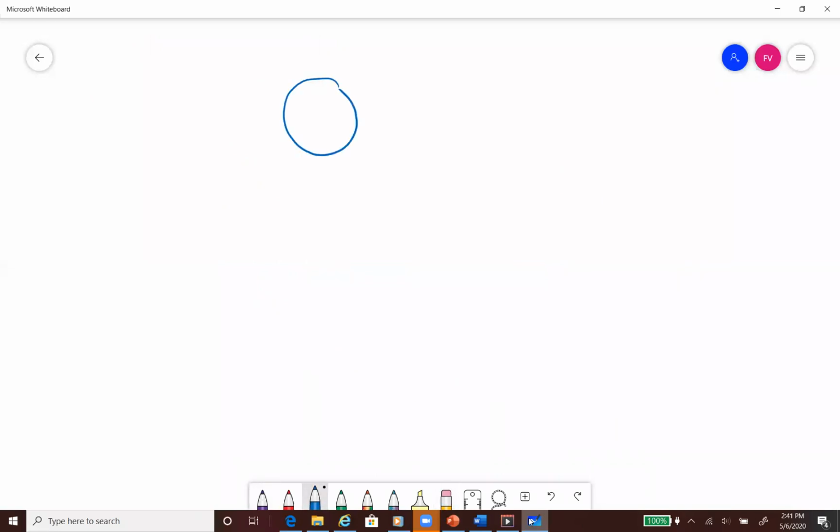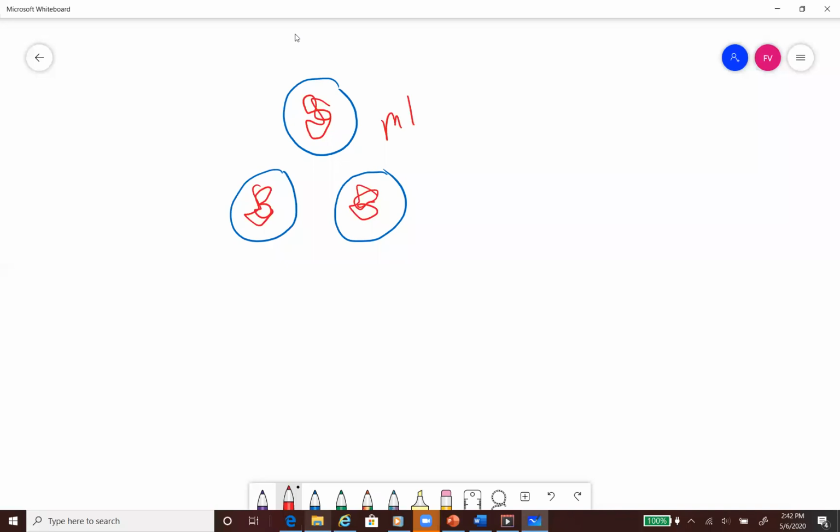So you have a cell and it has DNA in it, and then you end up with two cells that are exactly the same. You're trying to make an exact copy through mitosis, right?